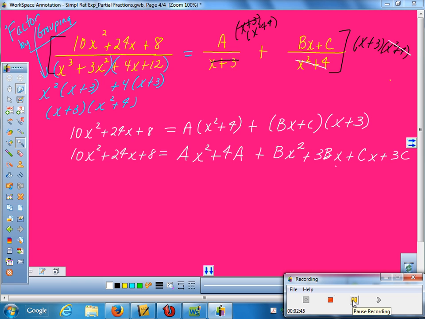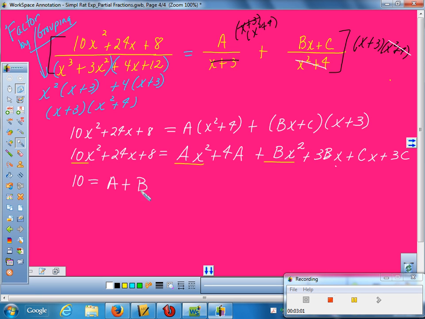So now I'm going to set all my coefficients equal. I'm going to drop off all the x variables. I notice my highest power of x in this problem is x squared. So I could say that 10 has to equal all the x squared coefficients, which would be a plus b.